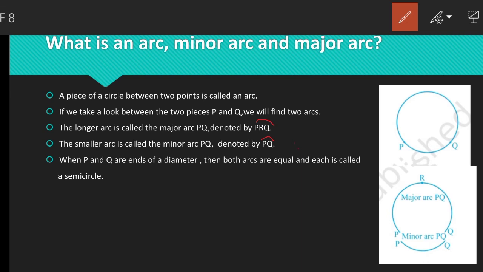So the longer arc is called the major arc, whereas the smaller arc is called the minor arc and denoted by PQ. When P and Q are ends of a diameter, then both arcs are equal and each is called a semicircle. So had it been at the center, then both the arcs would have been equal, and if both the arcs are equal, then we call it a semicircle.